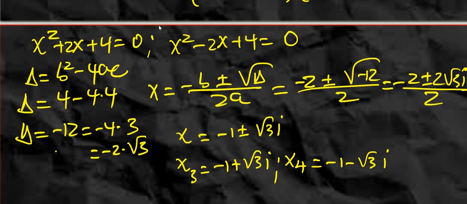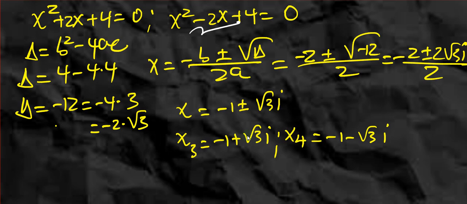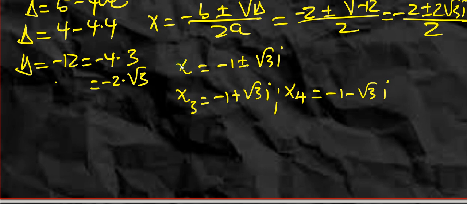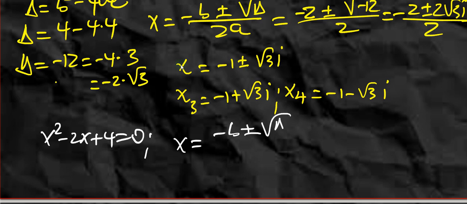So, for the second one, what we're going to change just, guys, is our sign here. For the other equation, x squared minus 2x plus 4 equals 0, from here we're gonna have x equals minus b plus or minus square root of delta divided by 2a.